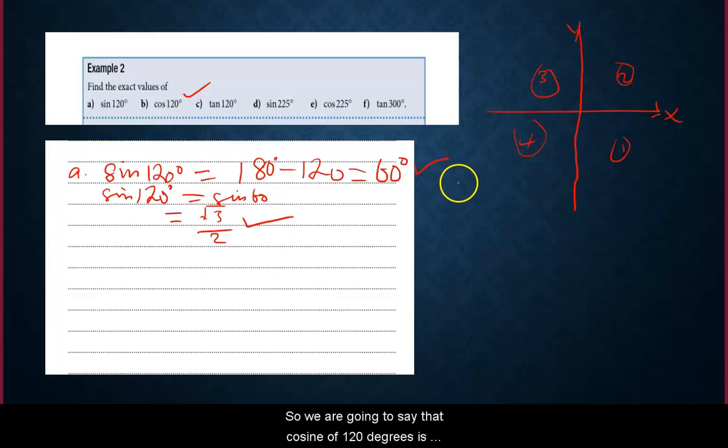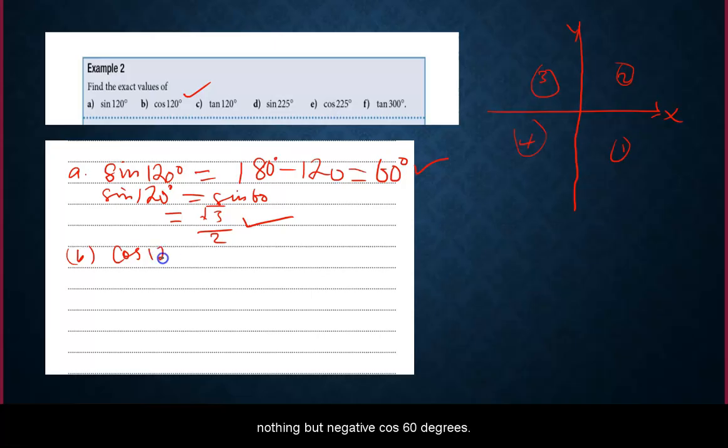So we are going to say that cosine of 120 degrees is nothing but negative cos 60 degrees. So this becomes negative a half. What is negative cos 60? It is negative a half.